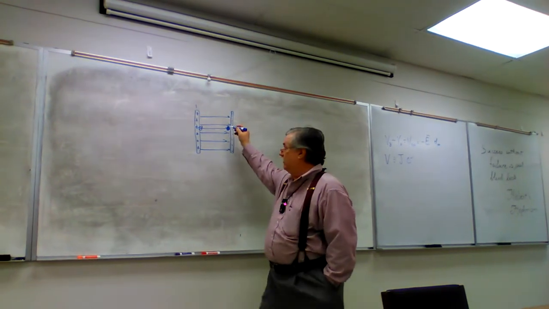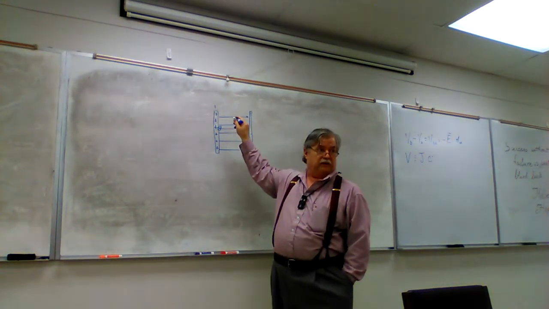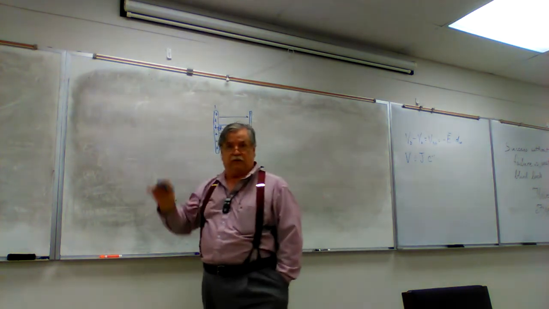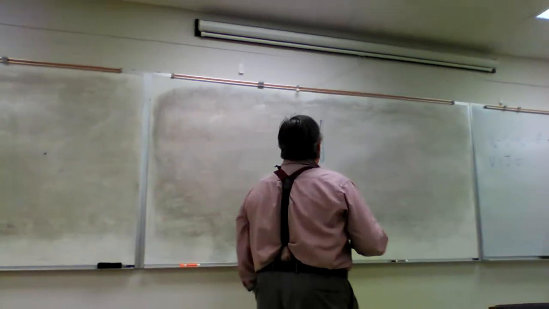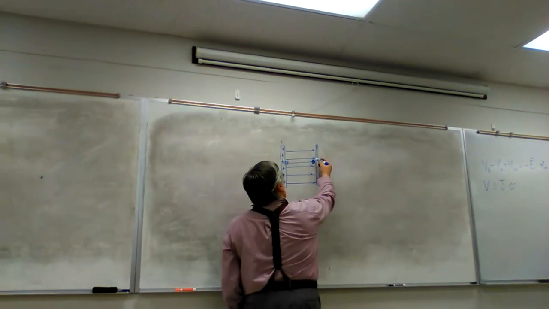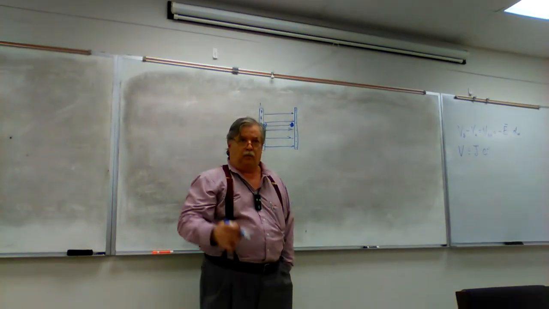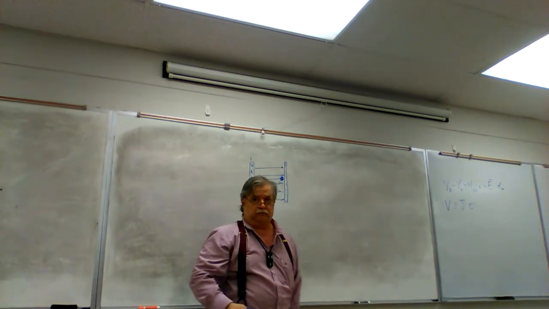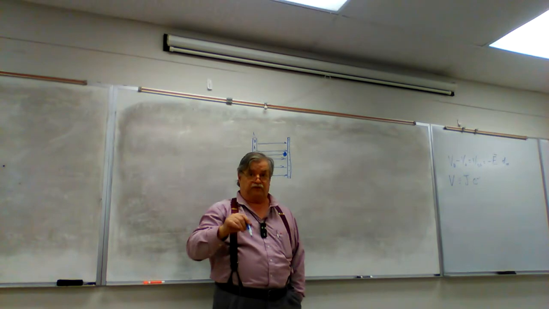We let it go here, and it accelerated until it was traveling at some finite velocity just at the instant before it hits that positive plate. That means the potential energy it had when we released it at rest was converted into kinetic energy. Conservation of energy is still true.